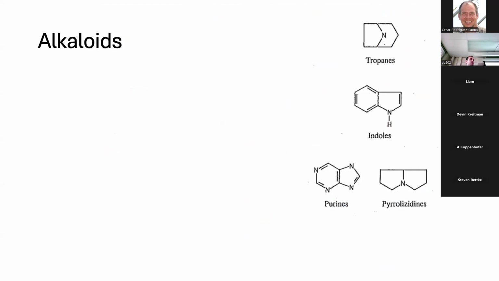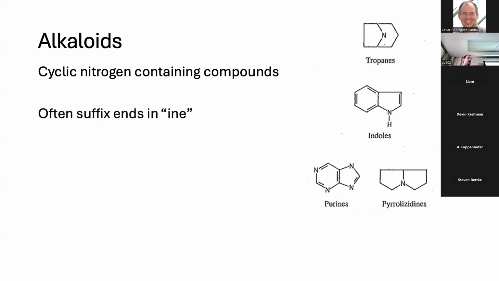So the first compound that we're learning about today are alkaloids. Who here has heard of an alkaloid? That makes most of us, right? These are cyclic nitrogen-containing compounds. Here are a couple examples of cyclic nitrogen-containing compounds. In how we pronounce them, most of them end with the suffix "-ine."